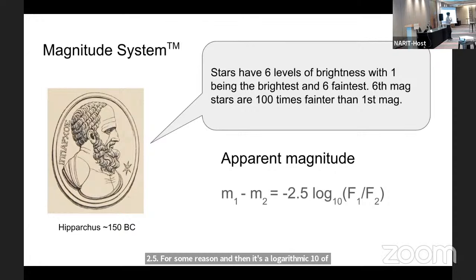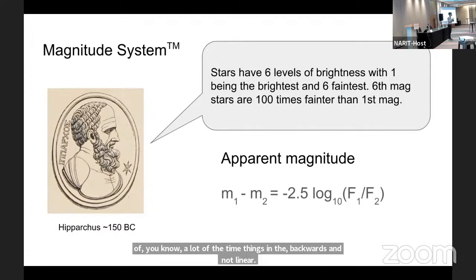So what this is really telling you is that the magnitude is just kind of like a decibel, or just like any other logarithmic unit, and we use this all the time in science, right? Because a lot of the time things come in multiplicative factors and not linear. So this is a natural unit to use.